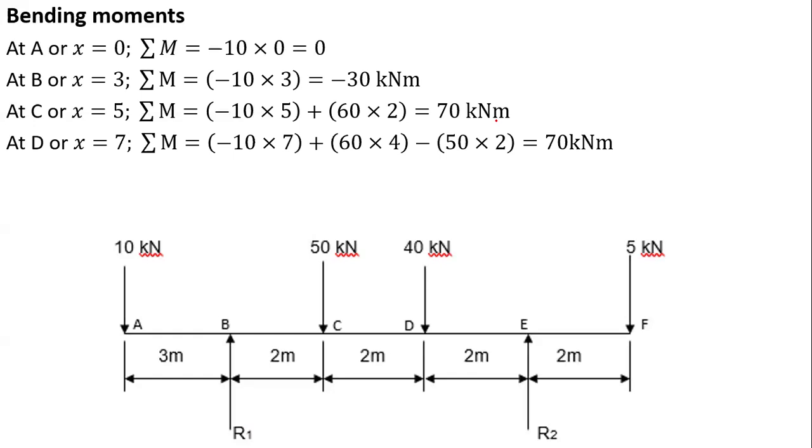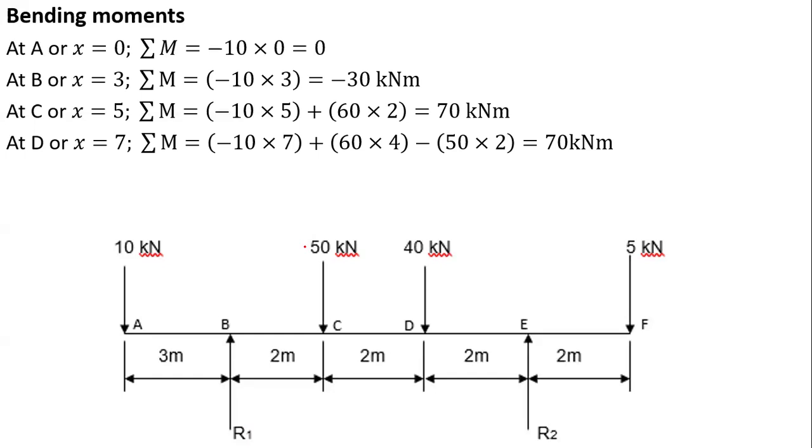What if I try the same with point D? Point D is now giving me the 3 forces there, each of them now creating moments. Negative 10, its new distance up to point D is 2 plus 2 plus 3, which is 7. So I have negative 10 by 7, positive 60 by 4, because these are 2 and 2.